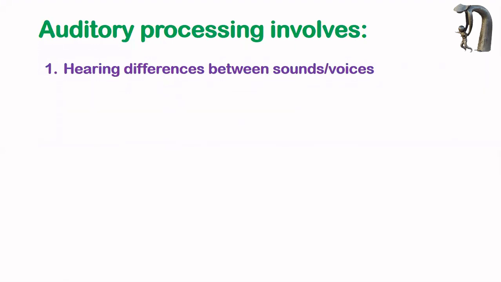Now auditory processing involves your hearing. Your ear is the main part, hearing differences between the sounds. Sometimes the child has to judge the similarities between what the teacher says and what he has heard from the TV or from another teacher.